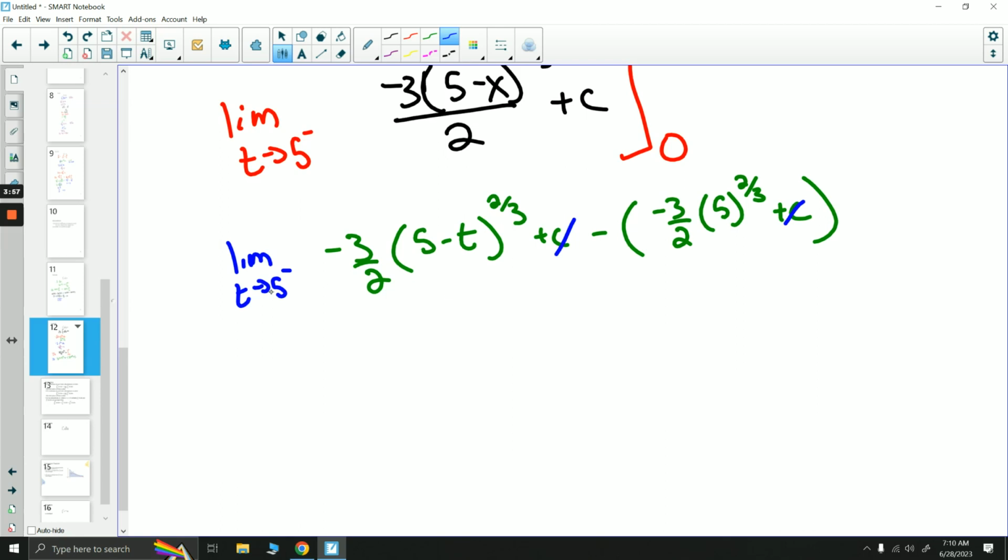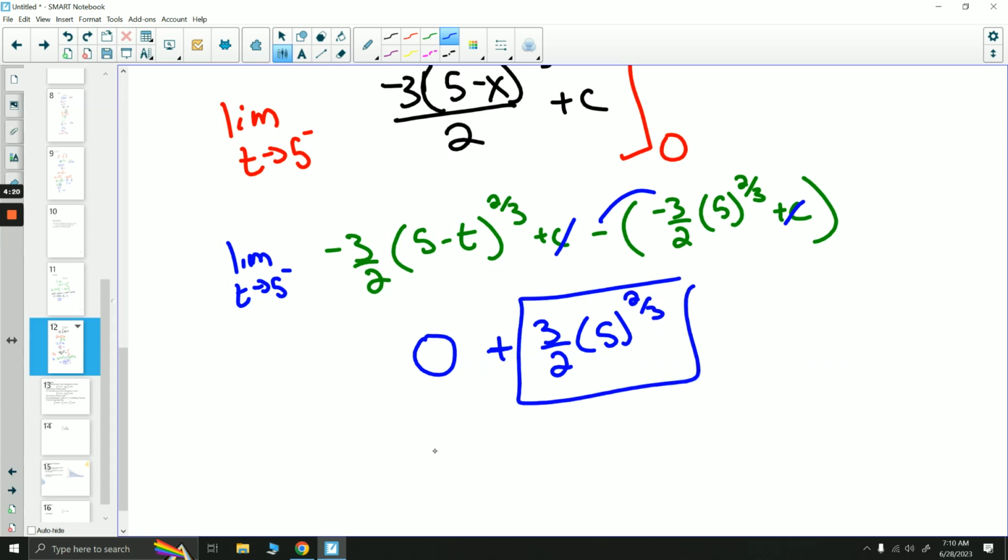As t approaches 5 from the left-hand side, we can just throw 5 into this thing. 5 minus 5 is 0, so this becomes 0 minus, well, this is actually a plus here, plus 3/2 times 5 to the 2/3, and that c is canceled. So we end up with this quantity.